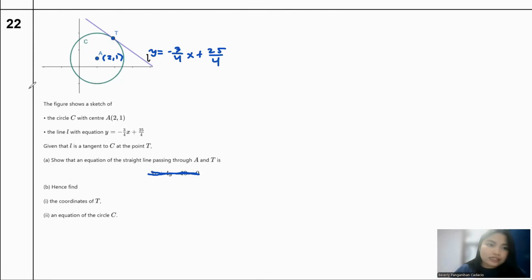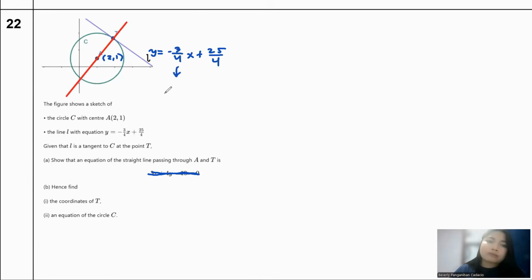Let's say that's the T and the A. There's a line passing through A and T, and you need to find the equation of that one. So what are you going to do? First of all, you know that the gradient of this violet one will be the negative reciprocal of the gradient of L, because they are perpendicular to each other. The gradient of L, the diagonal blue one, is negative 3/4.